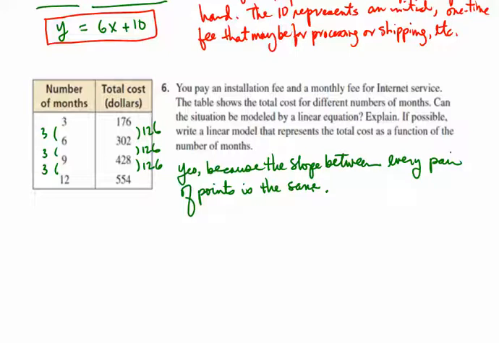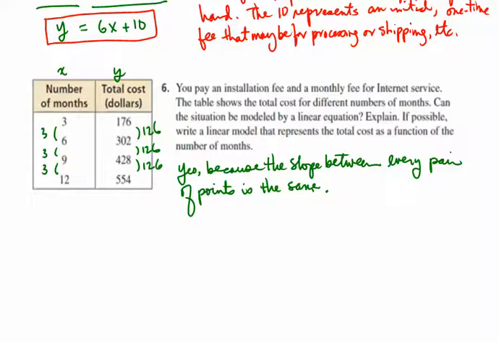Now the next thing we want to do, and it should be possible since we know that the data can be modeled by a linear equation, is to write that linear model that represents the total cost as a function of the number of months. So our x value is going to represent the number of months, and y is going to represent the total cost.